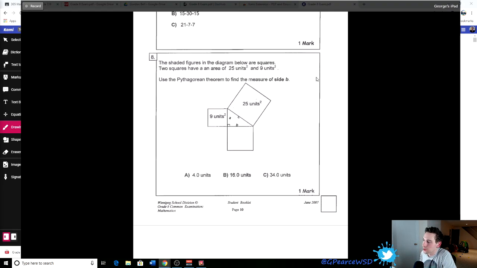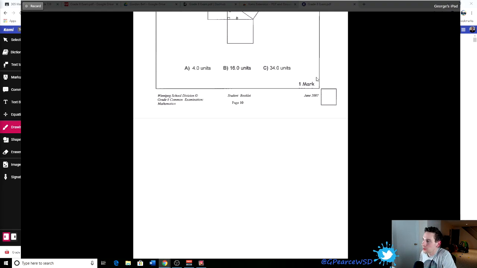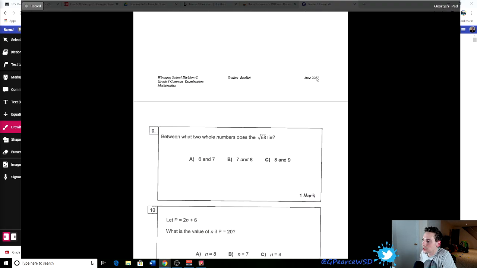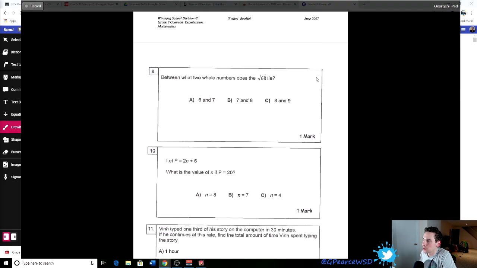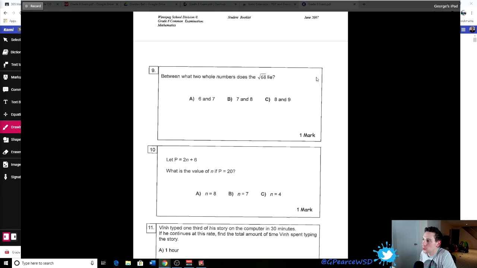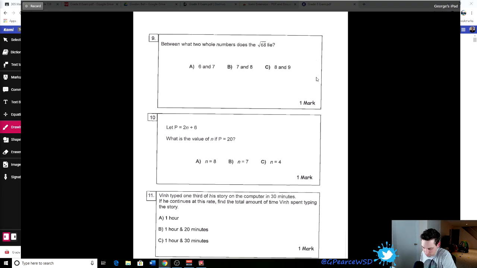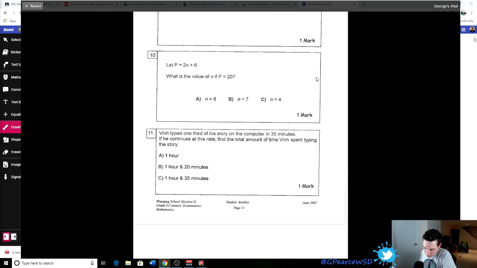Pythagorean, have to solve for an unknown side. I think most of you are pretty comfortable with that. Between what 2 whole numbers does the square root of 68 lie? Interesting. 7 and 8. 8 and 9. Let p equal 2n plus 6.